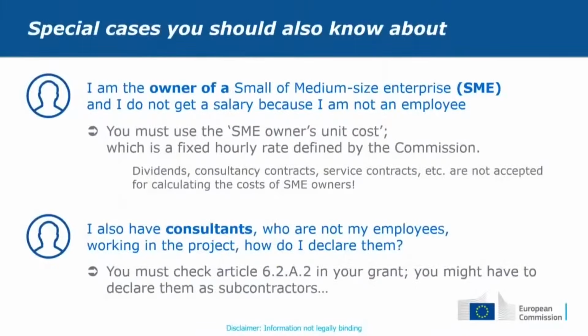Two other specific cases. Remember that I explained to you that it was possible to declare as personal cost the cost of the SME owner, so the owner of an SME who is the beneficiary in the grant agreement.